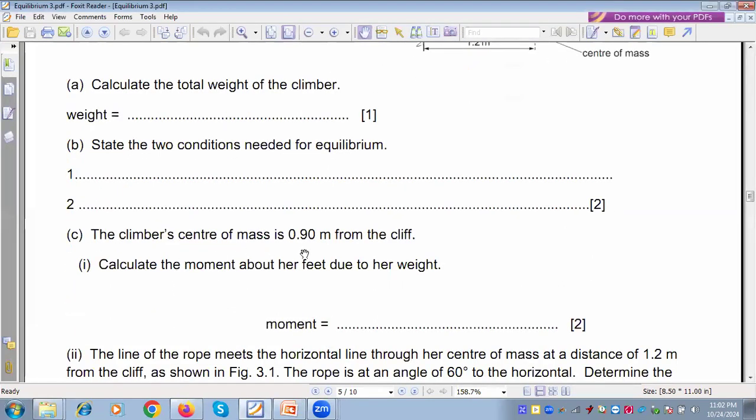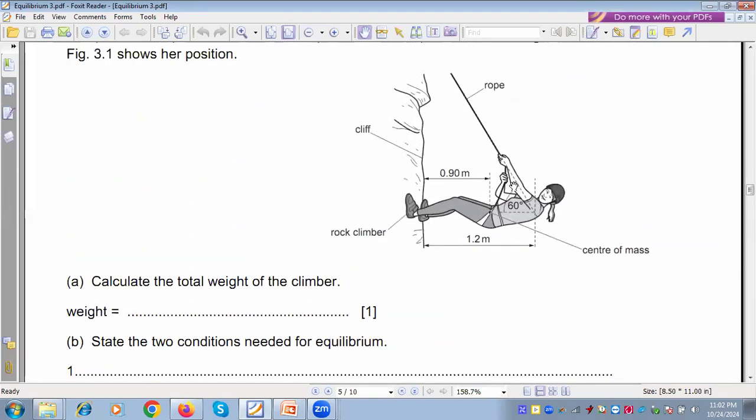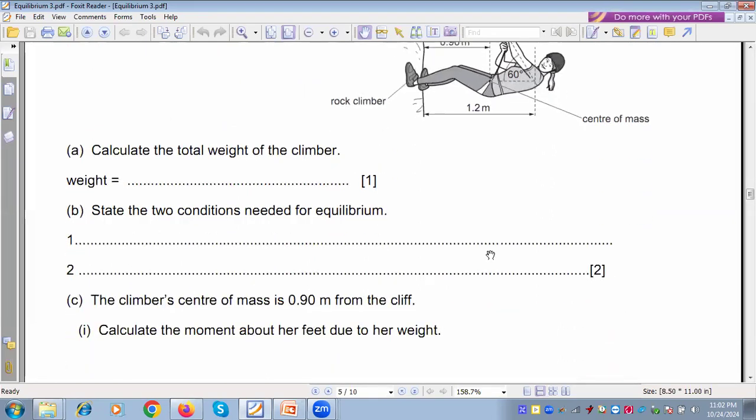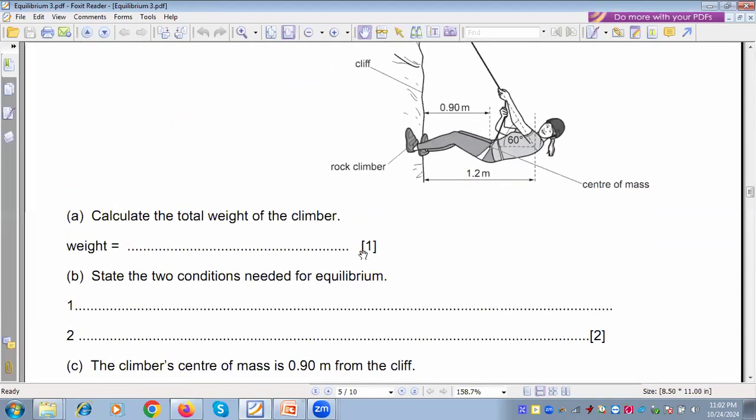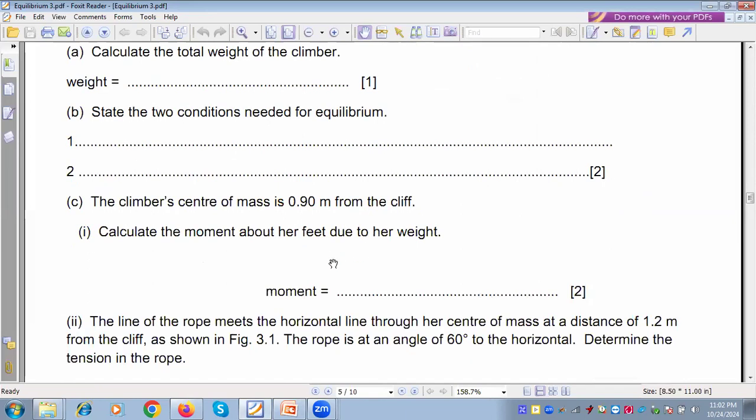The climber's center of mass is 0.9 meter from the cliff. So center of mass is at this point, which is labeled here, and it's 0.9 meter from the cliff. So weight is acting at the center of the mass. Calculate the moment due to her weight. So there will be two possible answers. One was the weight 620 Newton, and when we used g equals to 9.8, the weight was 610.